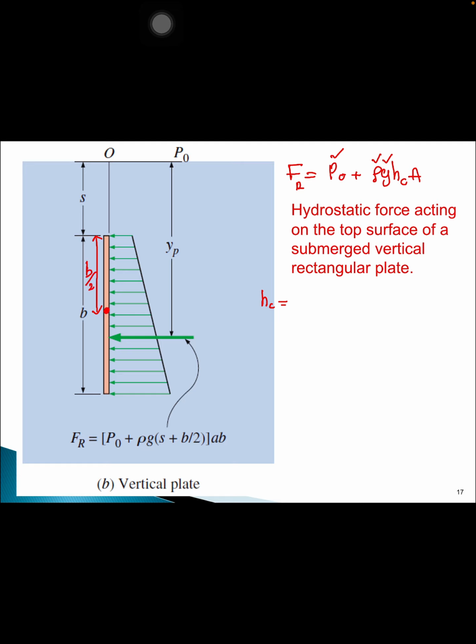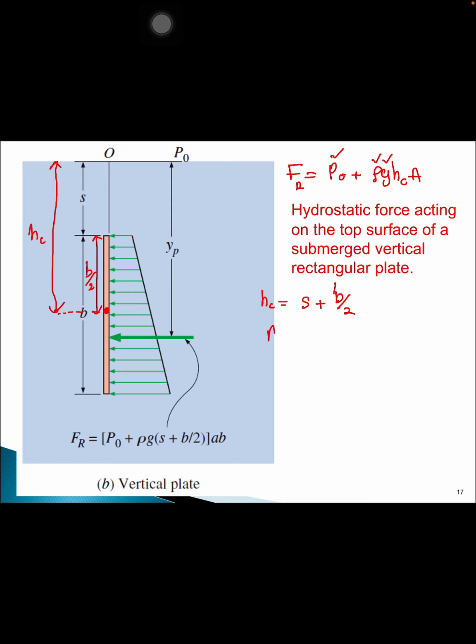So where is your HC? HC is your distance from the center of the object until the surface of the liquid. So how to find your HC? HC equals S plus B over 2. So you just substitute the HC.